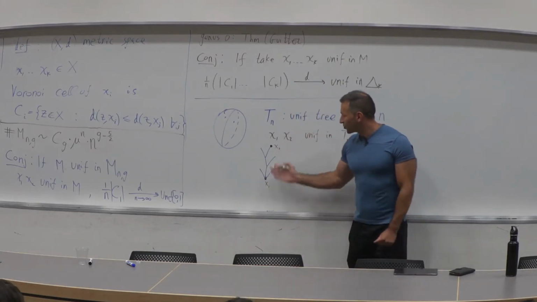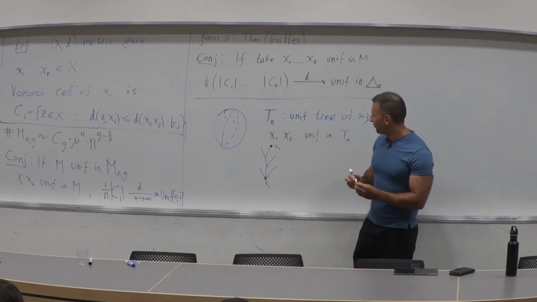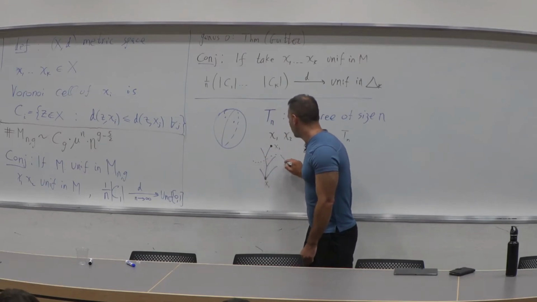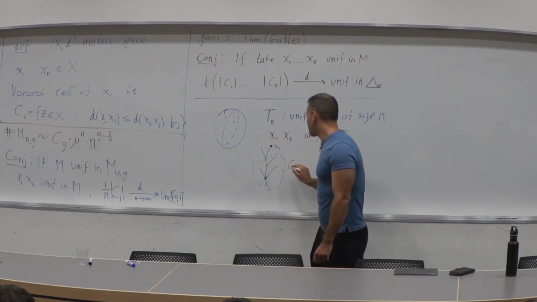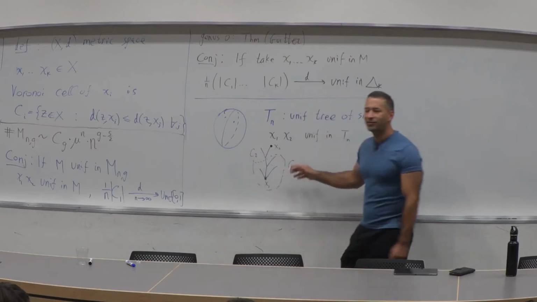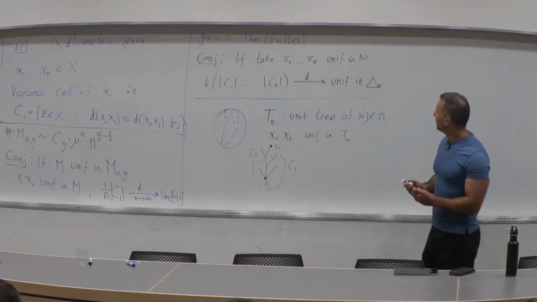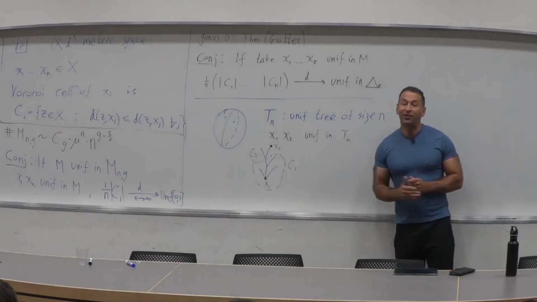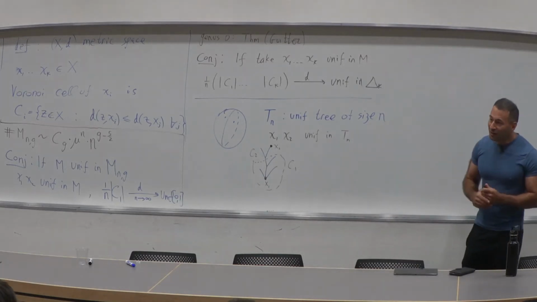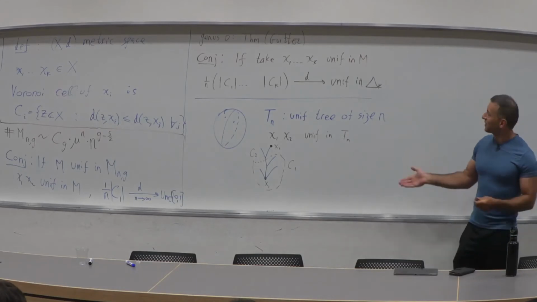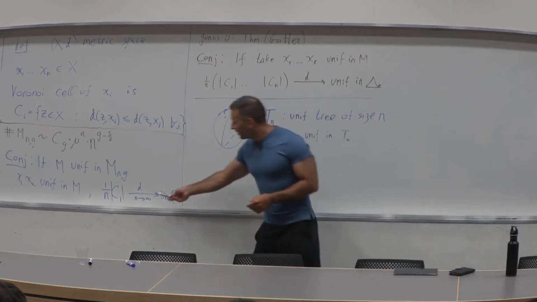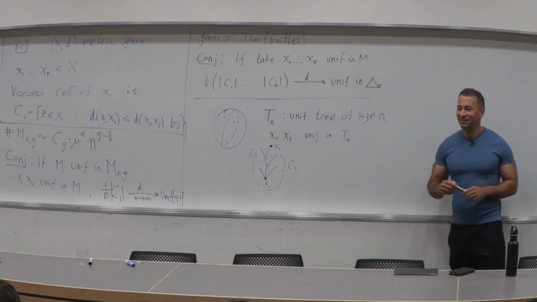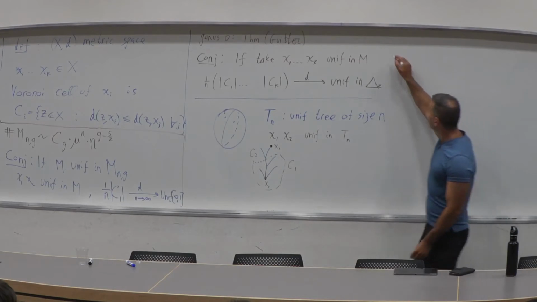Once you have those two points, you can partition the tree into the Voronoi cells. In this case, you get something like this: this will be C1, and this will be the cell 2. Again, you can consider the volume of the cells and ask the same question. You run simulations, and you see that you get exactly the same thing: a uniform fraction of the mass is in the cell of x1.